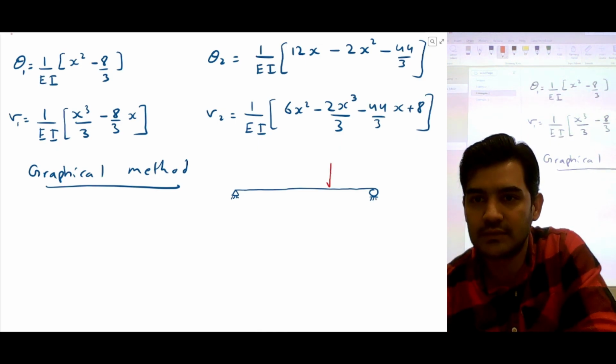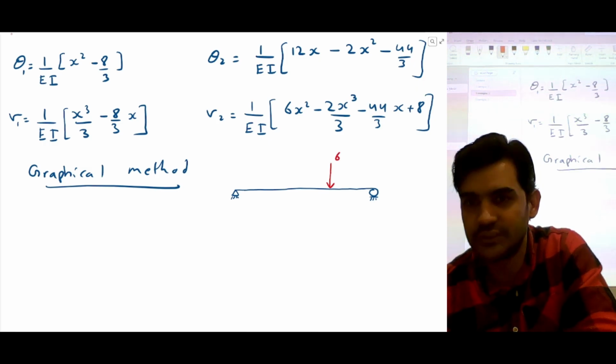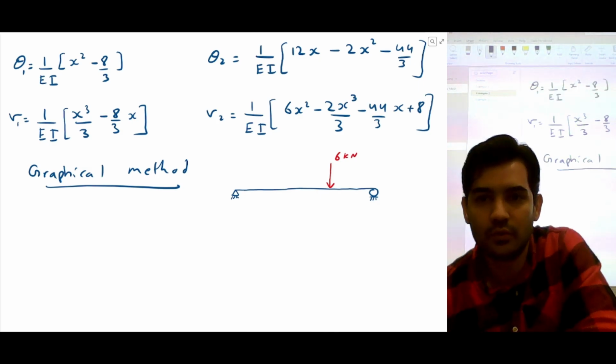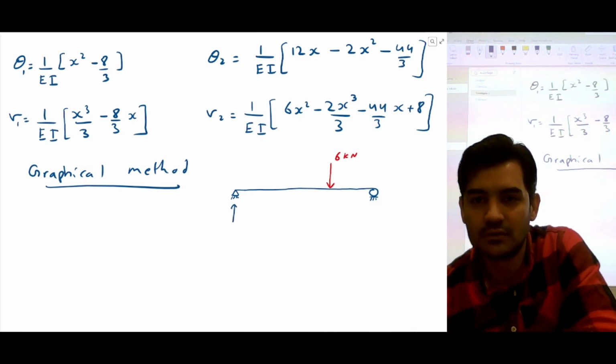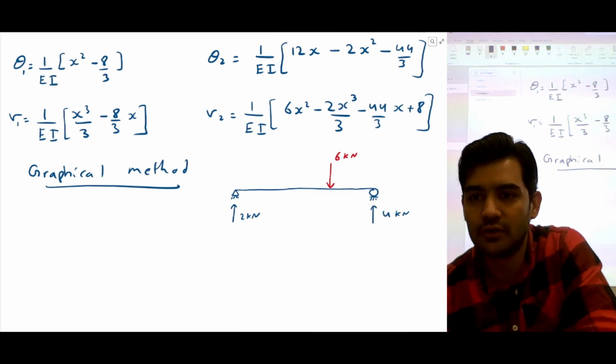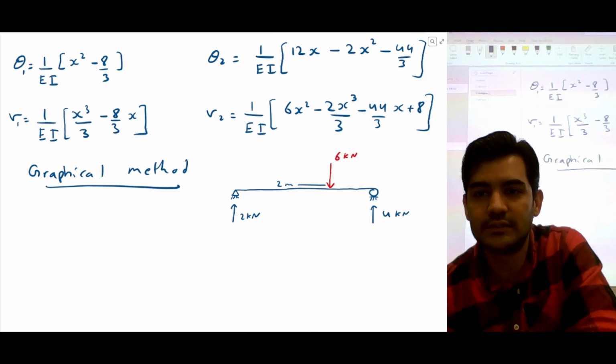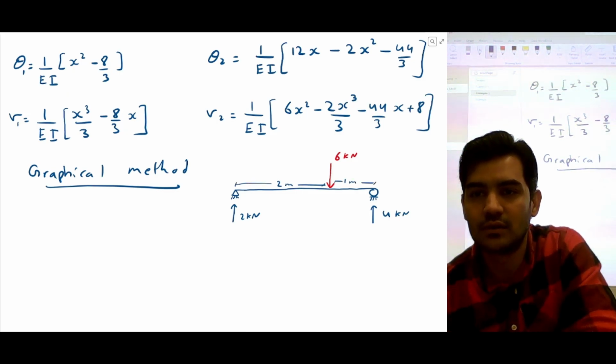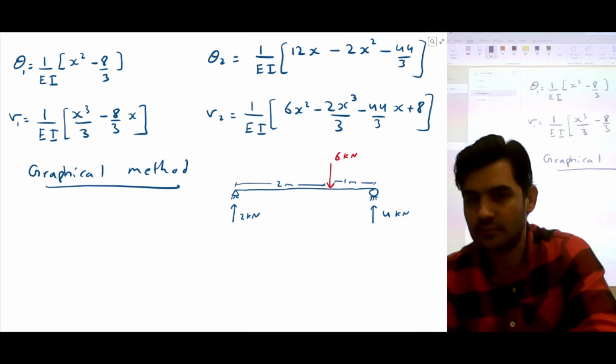So this is our load, which is 6 kilonewton. We already know the reactions, which is 2 kilonewton at one support and 4 kilonewton at another support. And this distance is 2 meter. This distance is 1 meter.